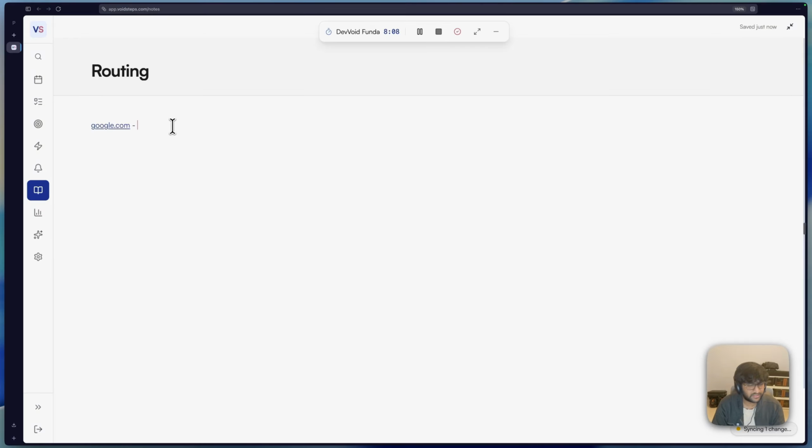Or let's take DevVoid.org. There are some differences between them. Let's add some examples first before we go further. So google.com, DevVoid.org, and other than that, can you give me some random websites that have just the host names? Any random websites that you normally use? You can use something like some .shop domains.